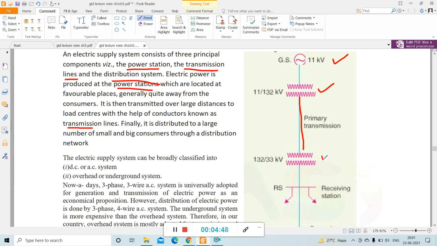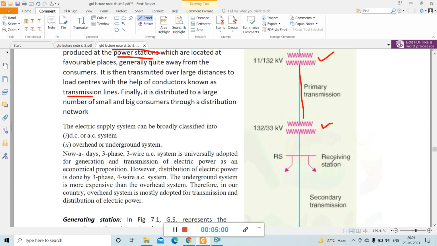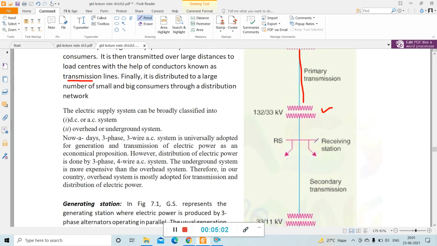And then next this is the transformer at the load side or the distribution side. Here this high voltage is stepped down, 132 to 33 kV. And then this is the receiving station over here.